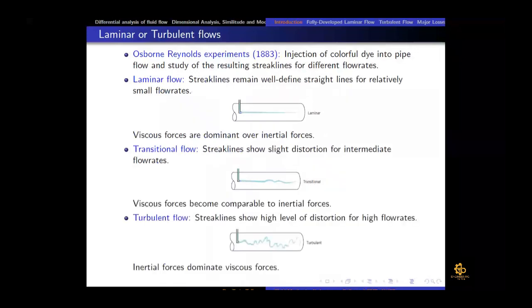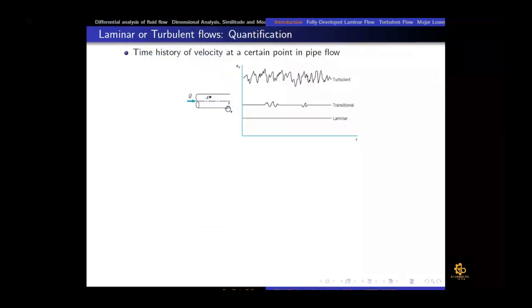Now, if we put a velocity measuring probe in this flow, we can see the time history of the velocity at that location. Here we have shown the time history of a point velocity in laminar, transitional, and turbulent flow.